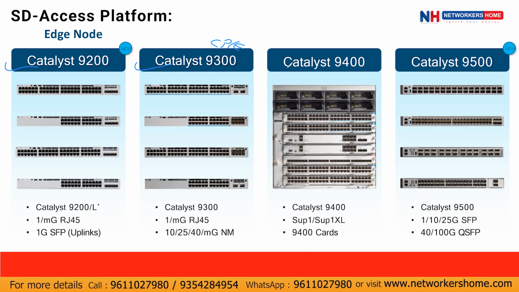So don't get confused, each device is built with that capability. You saw 9300 in the control plane node, 9500 and 9400 as well. So all those devices support the edge node functionality as well.